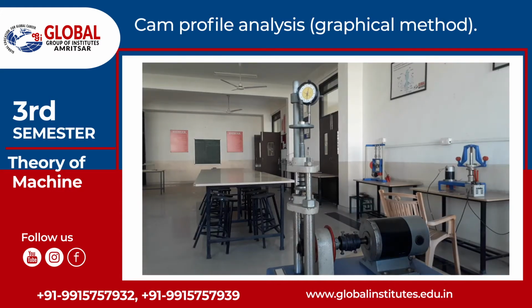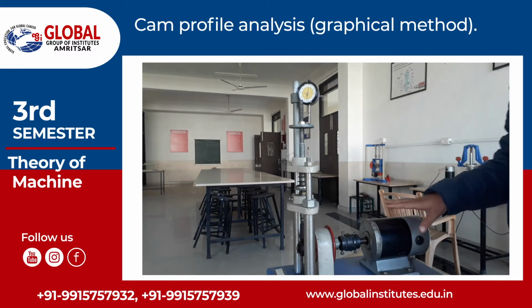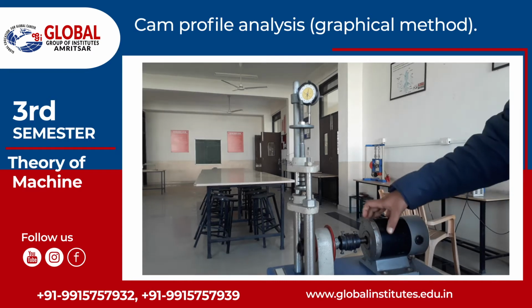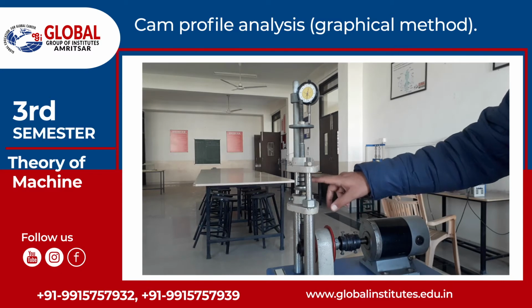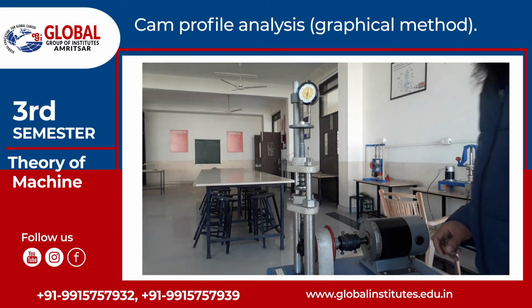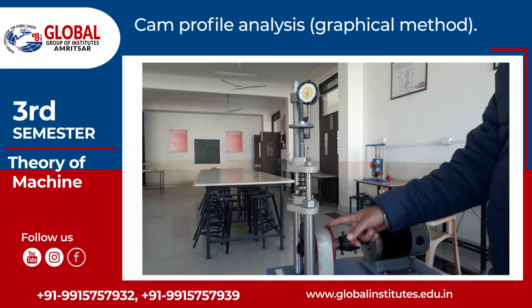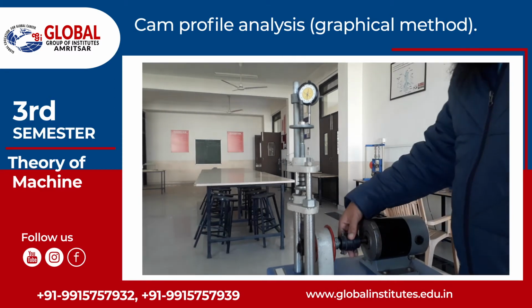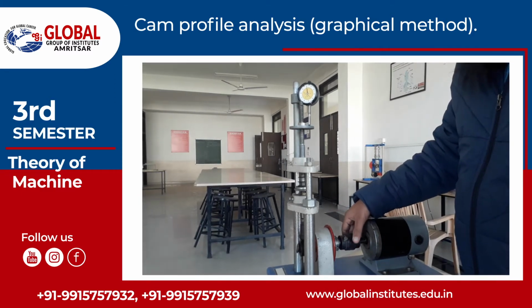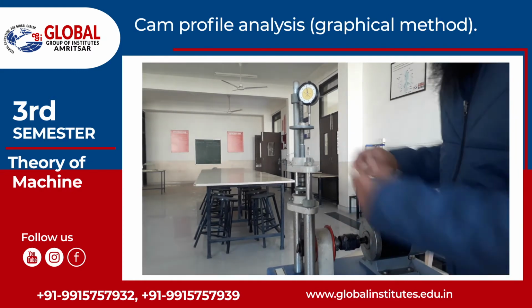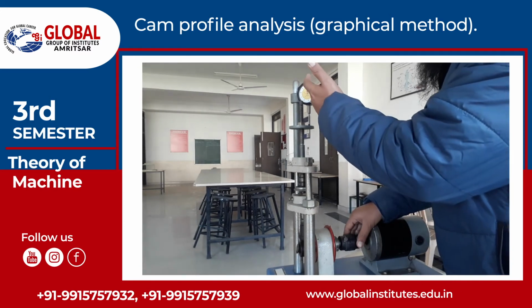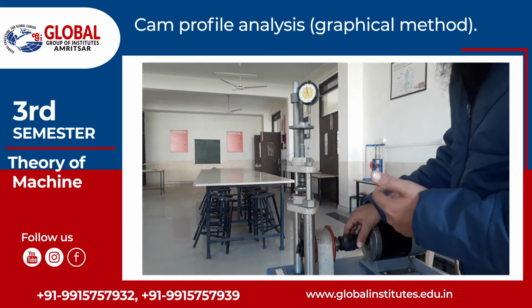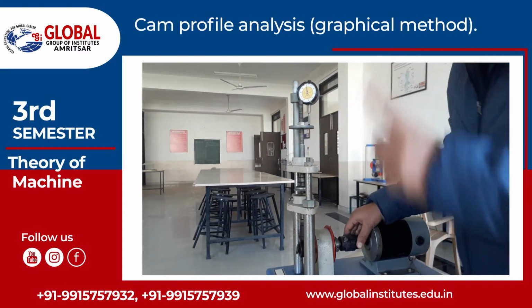Students, this is the actual setup with which we perform our experiment. This is the DC motor, dial gauge, the spring, and the protractor. You can see there are two types of scales on the dial gauge, one black and one red.